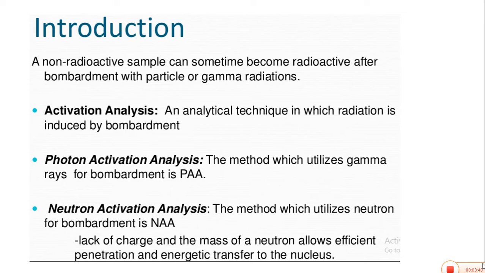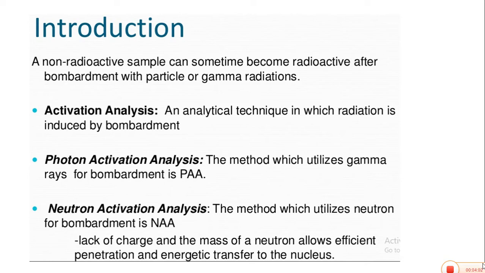So what is meant by activation? You are going to destabilize the nucleus of an element. Our concern is not to fission the nucleus. We don't break the nucleus, but we just energize it in order to destabilize.